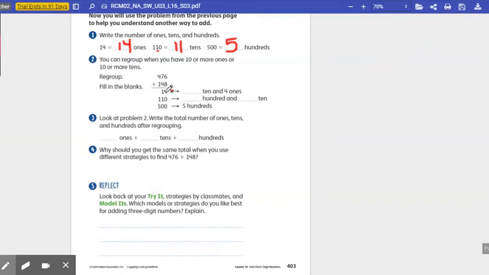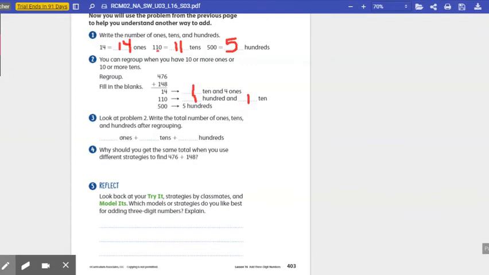So here, 14 has 1 ten and 4 ones. 110 has 100 and 1 ten. 500 has 5 hundreds. This is helping us to break it apart to see how many hundreds and tens we have in each place.